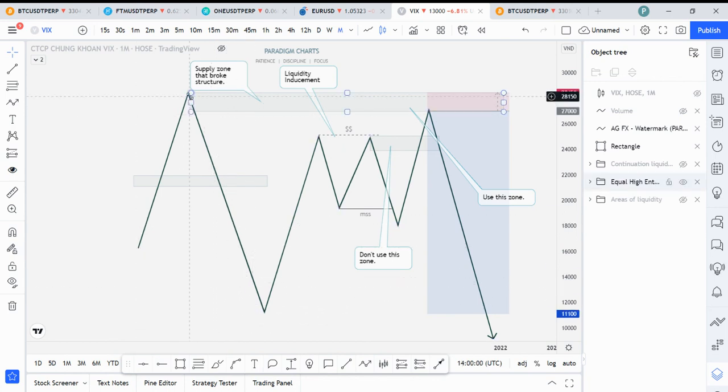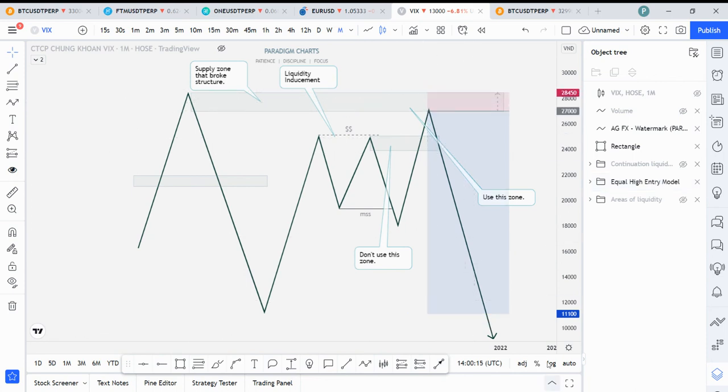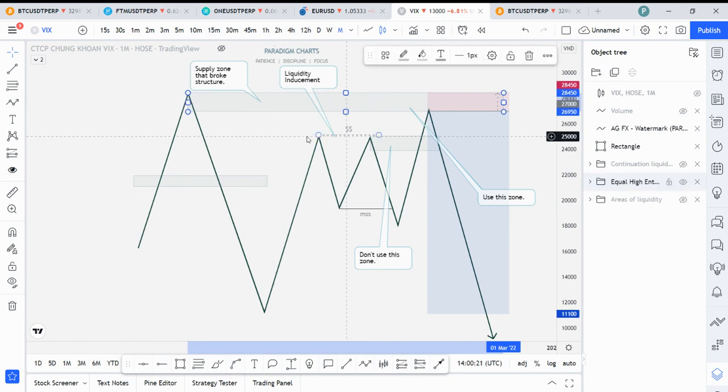This is the supply zone that broke market structure to the downside. So price is going up, and you have an equal high formed before the entry point. Once price trades into it, we will most likely see a reversal. So this supply zone has a high probability of holding because of this equal high that formed here.